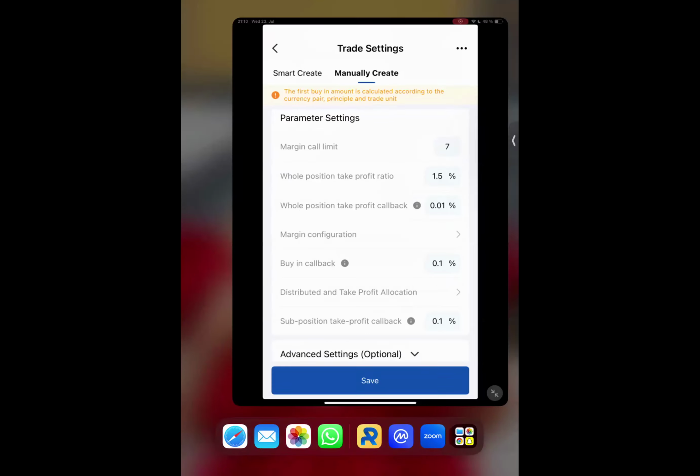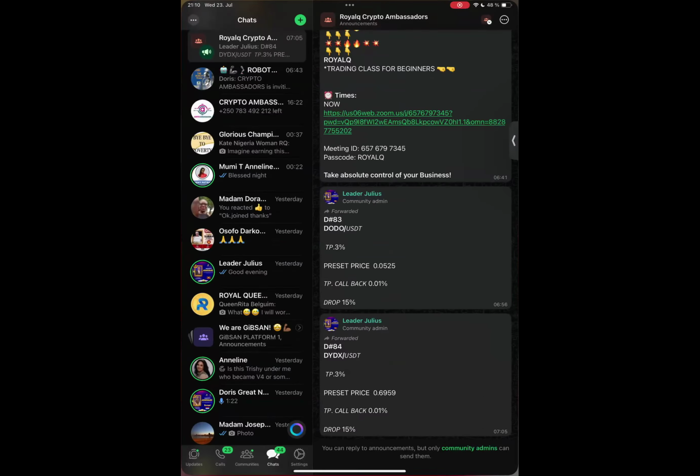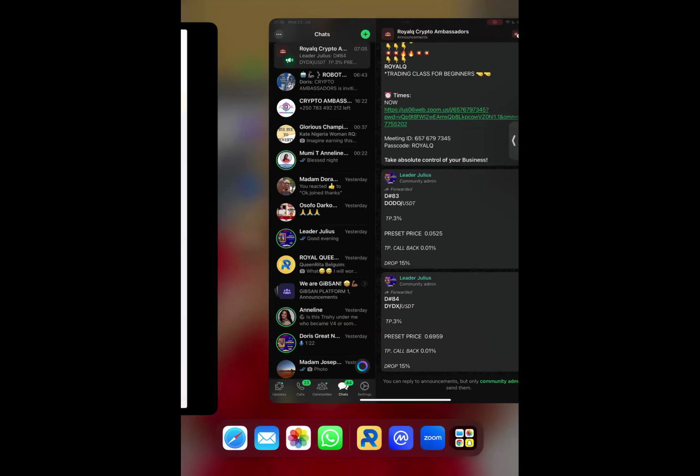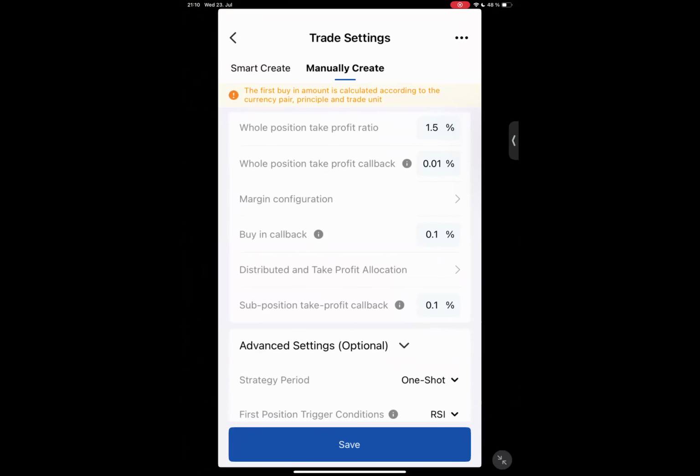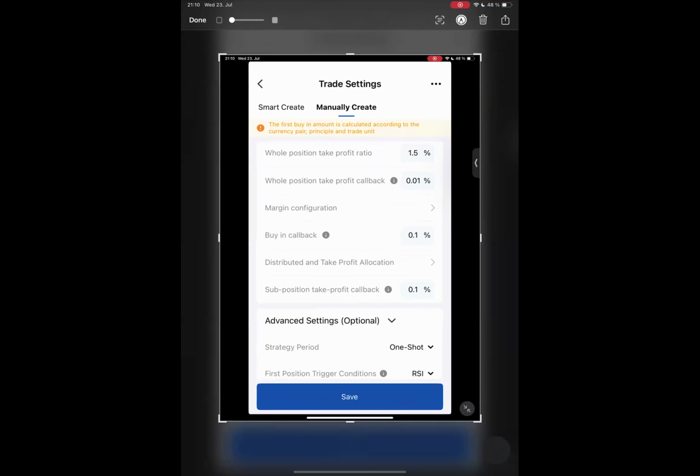Now, what else is the signal saying? Take profit callback 0.01. So those of you that have been watching the introductory video, I think leader Doris Great also played it just recently on Monday. So this callback, before the robot should sell the coin for you at 3%, it has to first call this percentage to check whether the market will go up by 0.01.